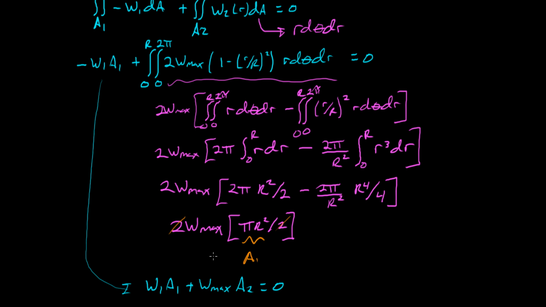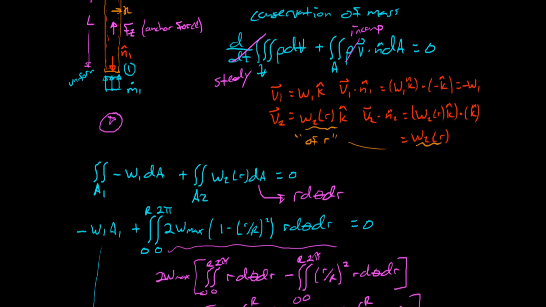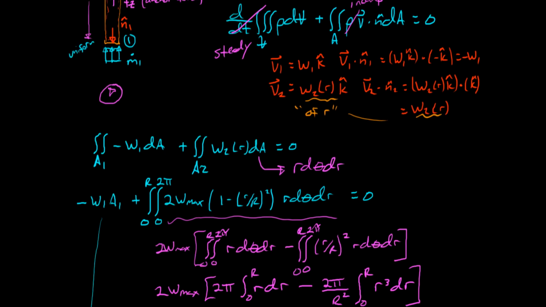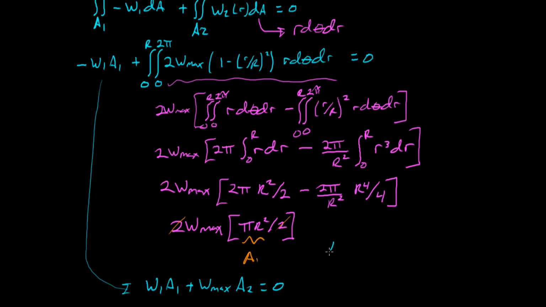So that's our simplified version of the conservation of mass. But keep in mind, this is just a straight piece of pipe. And so there's only a single value for the area really. A1 is equal to A2, which we're just going to call the area A.